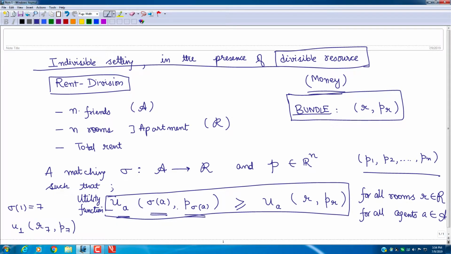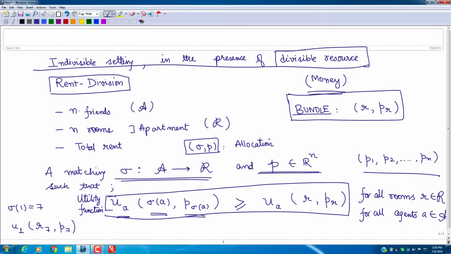Right now I need to come up with a price vector on each room and also an assignment of agents to rooms, where exactly one agent is being assigned to a particular room. So coupled with this, in this notion, this is my allocation, or a solution.